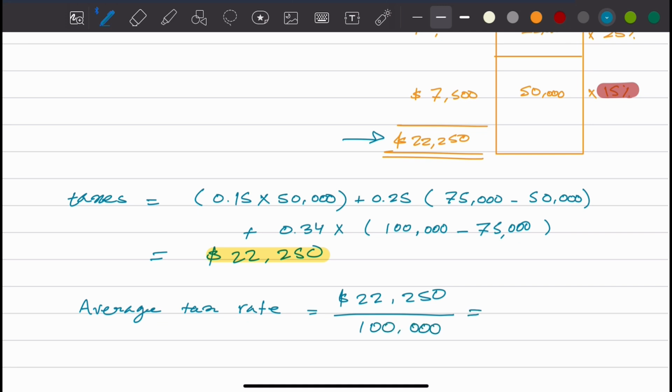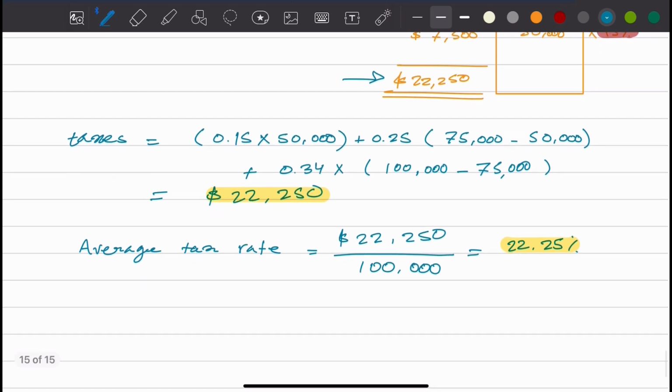So 22,250 divided by 100,000, multiplied by 100 to transform it into a percentage, that is going to be 22.25%. So this is the average tax rate that the company has to pay.